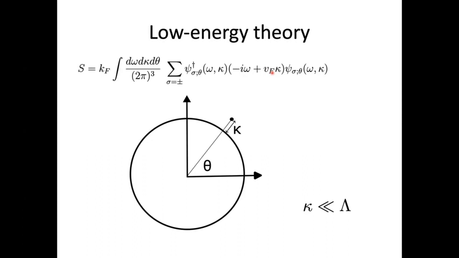So running kF is not in contradiction with the Luttinger theorem. The Luttinger theorem just says that the singularity of the Green's function, the renormalized Fermi surface volume, doesn't change, and it is already there.